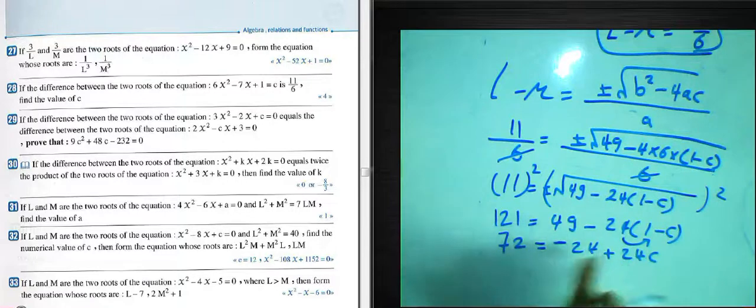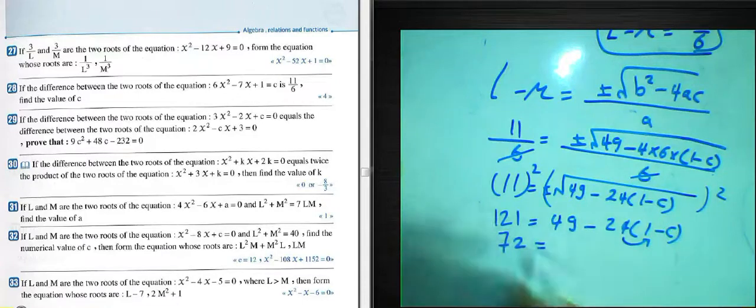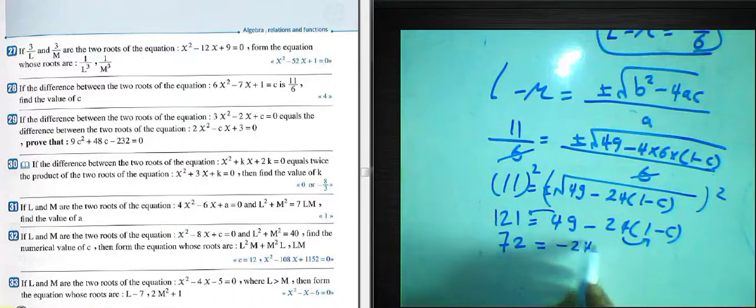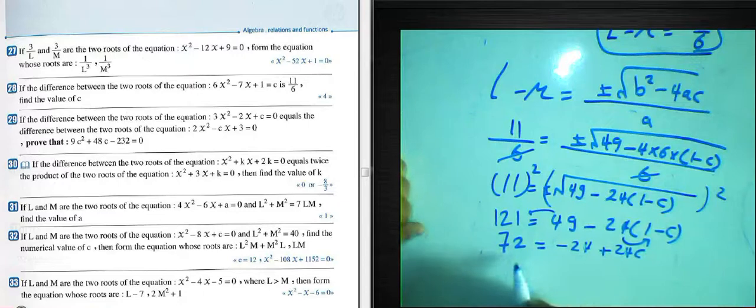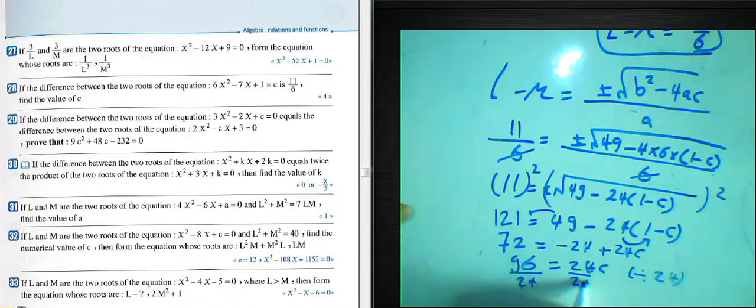We write 49 here, we move it to the left-hand side, and the result will be negative 24 plus positive 24c. We move negative 4 to the left-hand side, 72 equals 24c. We can divide by 24 and this 24 cancels, c will be 3.